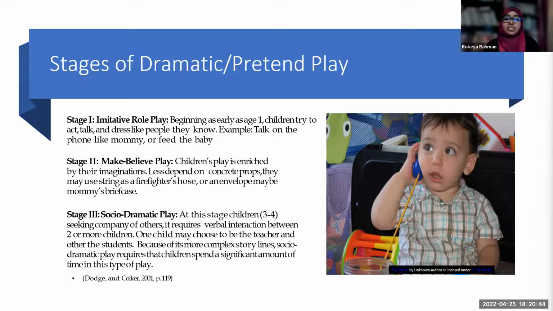And the second stage, starting with a little bit older kids, is actually make believe play. In that stage, materials or props don't matter. They can basically use anything they have around the household and think about creating something else with this. For example, if you think about Piaget's symbolic play, right? So for example, let's say if they have a piece of block, they can pretend it's a cell phone.